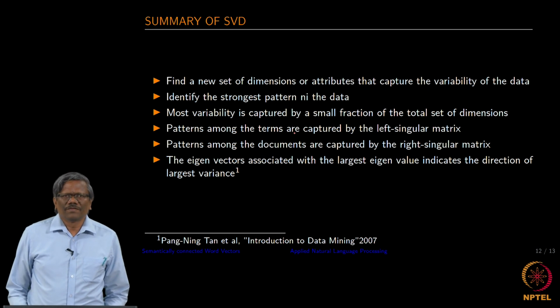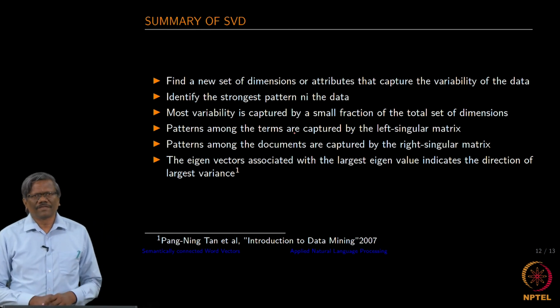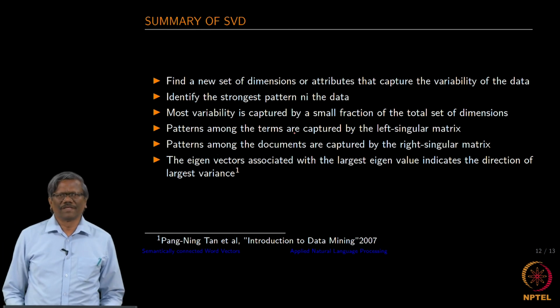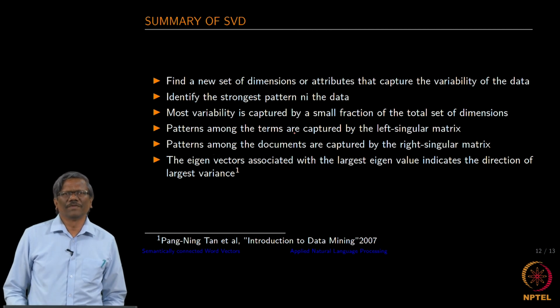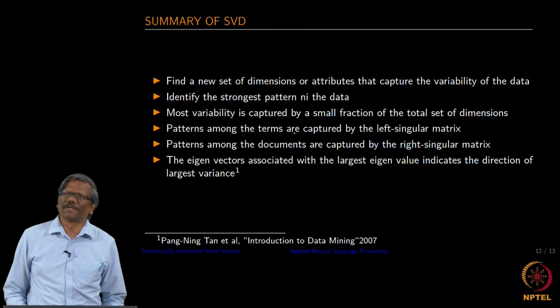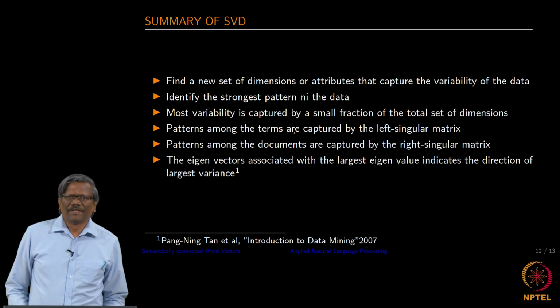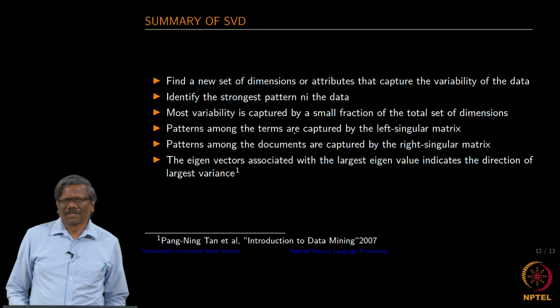All right. To summarize the SVD based LSI model, as we mentioned earlier, it's about reducing the dimension, right? So what we're doing here is to find a new set of dimensions or attributes that capture the variability of the data. So it doesn't matter how big your term document corpus is, you can always reduce it in terms of the dimensions.